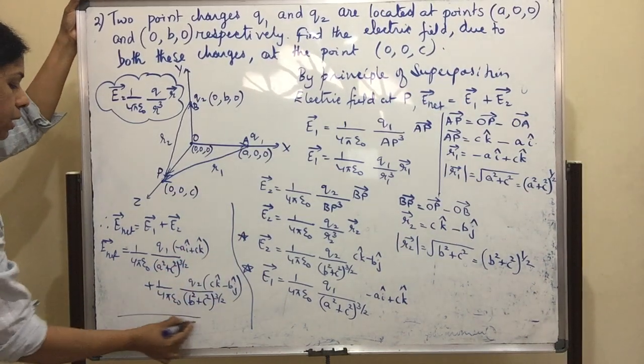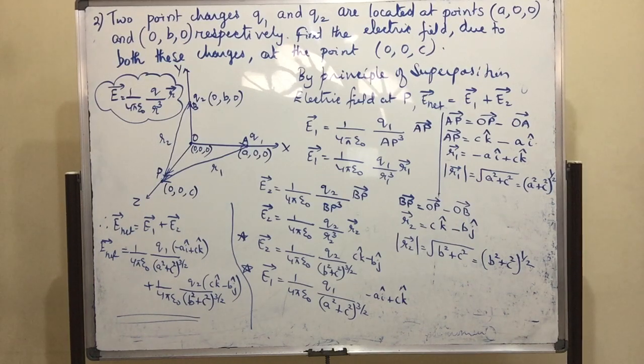That is the expression. You can take the common 1 by 4 pi epsilon naught out, which is not required. This is enough. That's it.